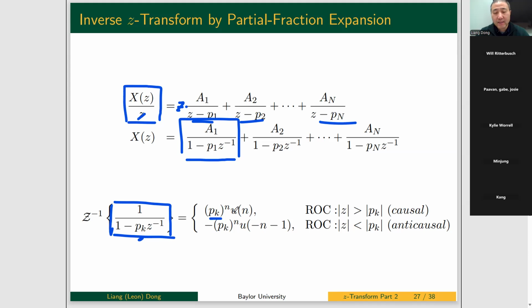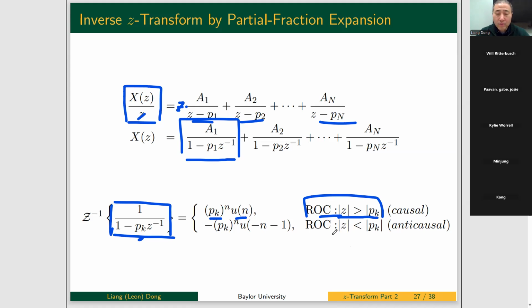The only part here we need to be careful about is whether this system is causal or anti-causal. If it's causal, as we showed on the exam, the region of convergence is the exterior of a circle. It's greater than the absolute value of this pole. Causal, so I simply put this root raised to the power n times u[n], meaning that this is a causal function.